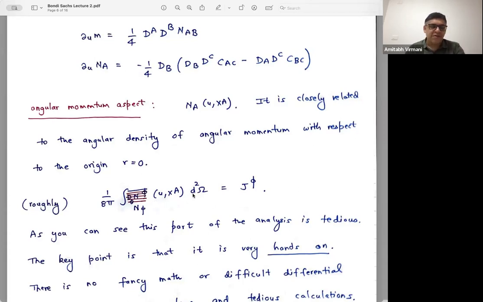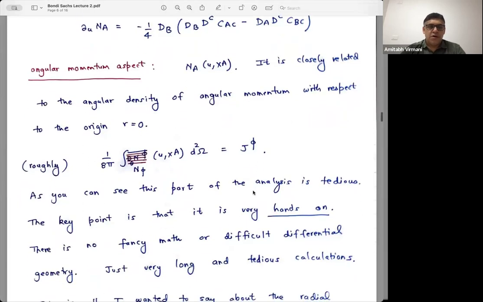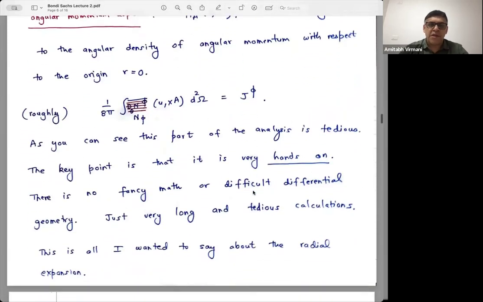There are other terms in the formula, and there is a lot of discussion about those other terms. But if you are seeing this for the first time, this is good enough: you take the angular momentum aspect and do the integral over the sphere, and you will get the angular momentum of the spacetime.